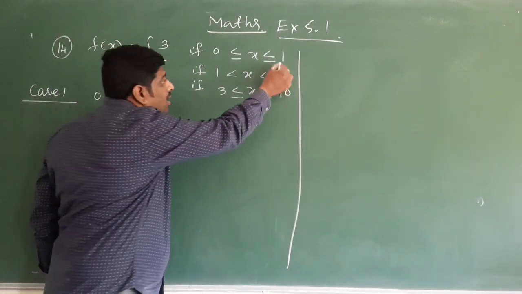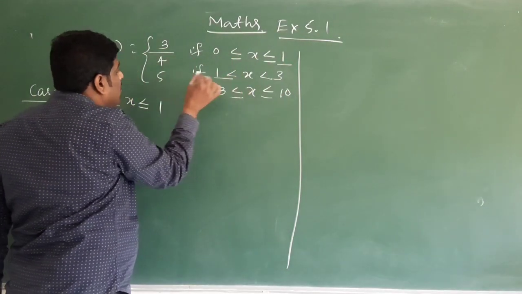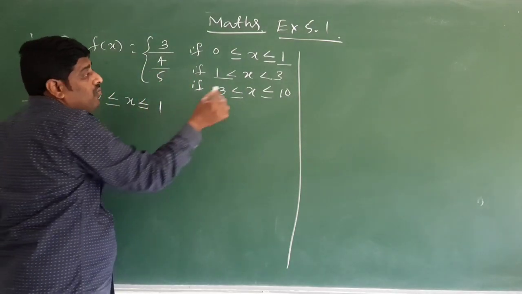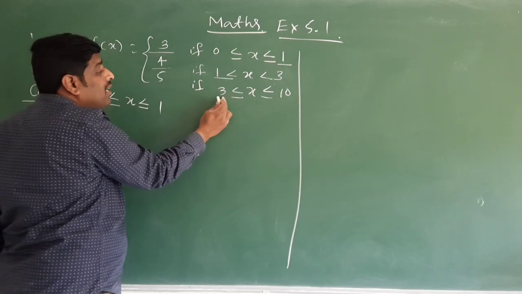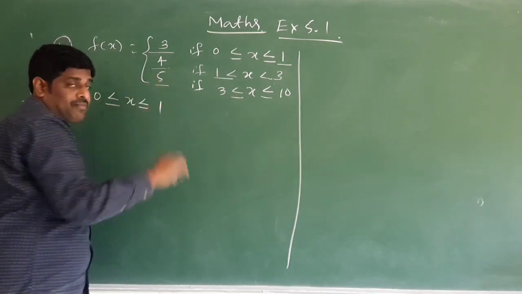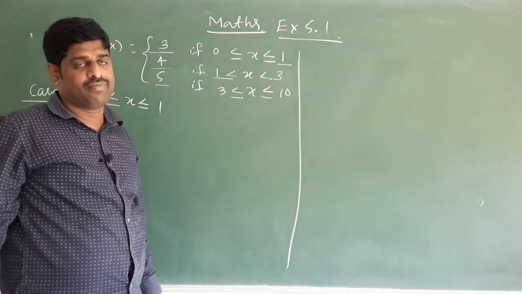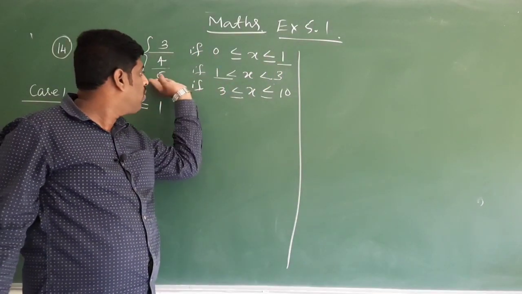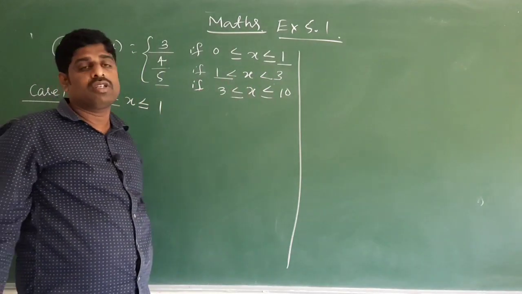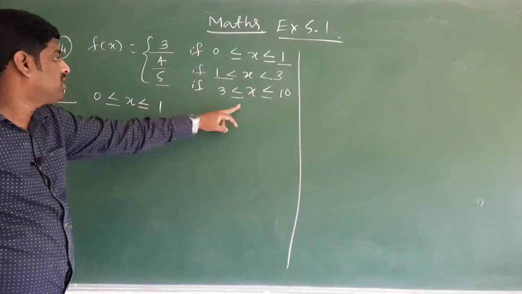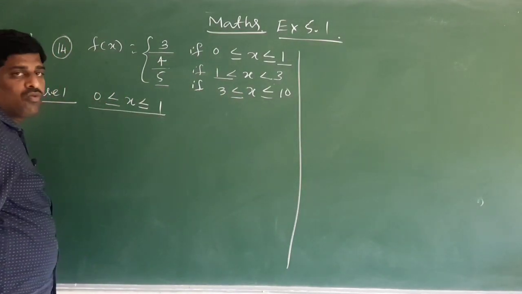For 1, the LHL function is 3, the RHL function is 4. For 3, the LHL function is 4, the RHL function is 5. And we have to check the full function using this.